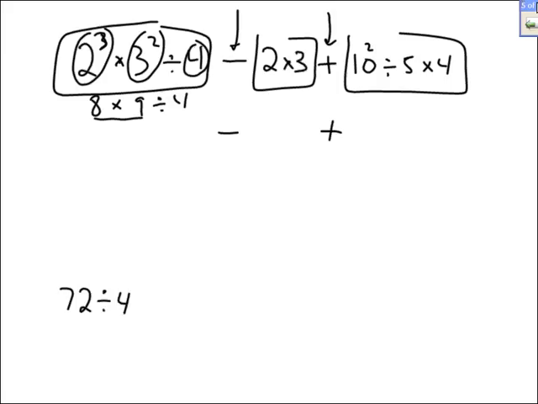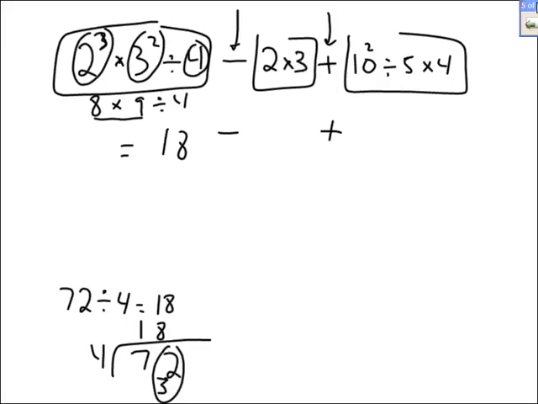And 72 divided by 4 is 18. 4 into 7 goes 1 time with 3 left over, and 4 into 32 is 8. So the first term is 18, minus 2 times 3. Well, I know what 2 is, I know what 3 is. Multiply them, you get 6.